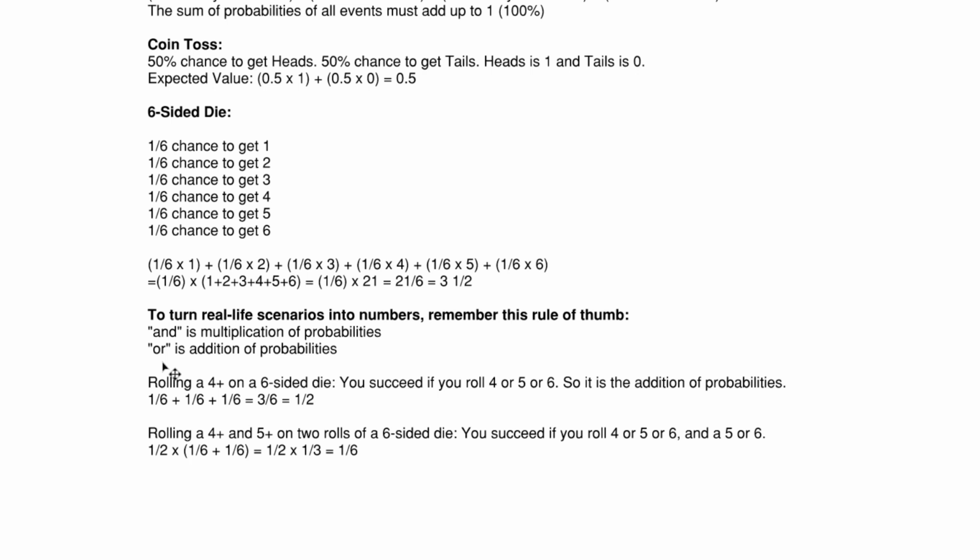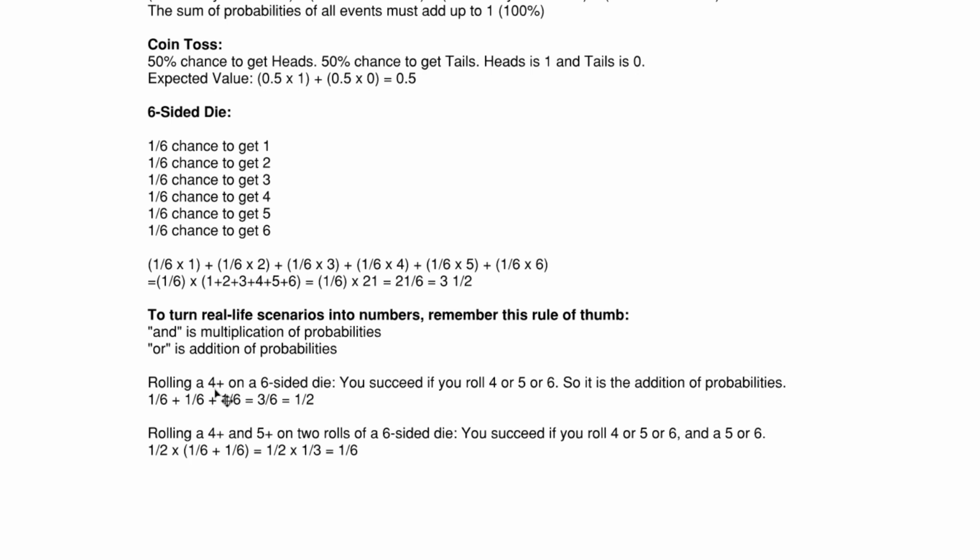If you see the word or, consider that as adding the probabilities. So here is an example of these scenarios. And these examples are a simplified form of Warhammer 40k rolls.